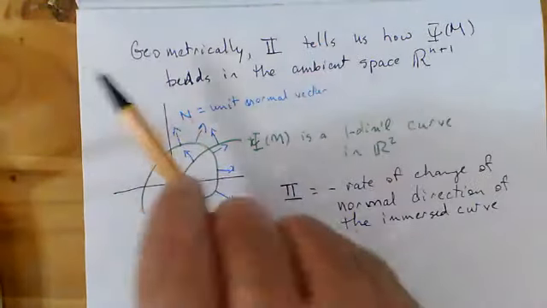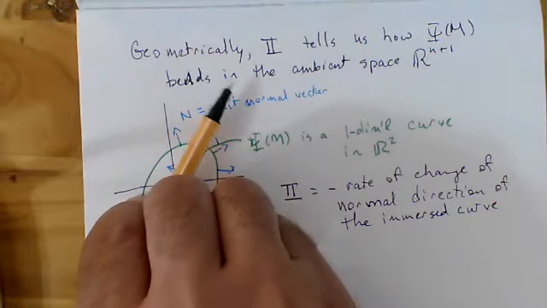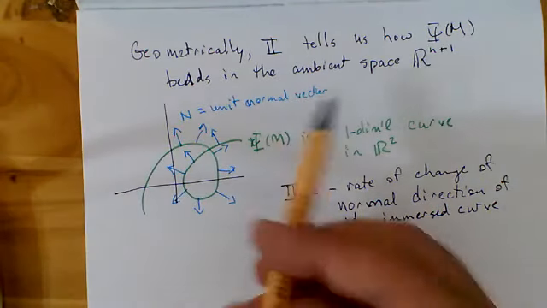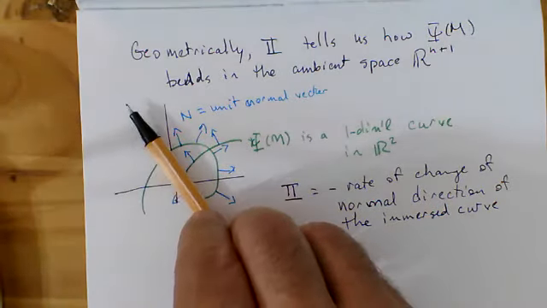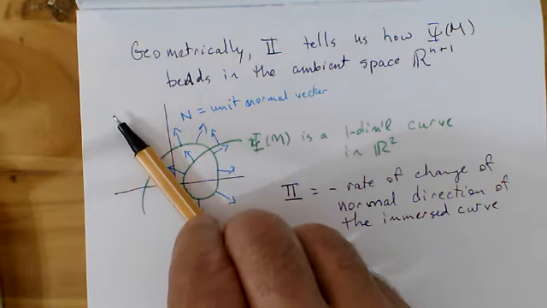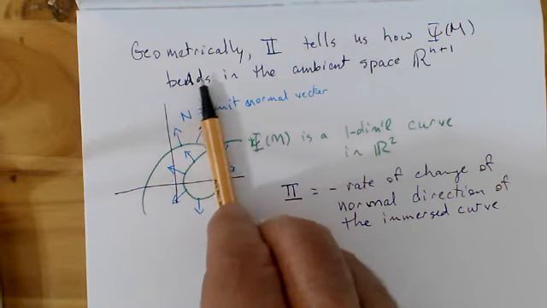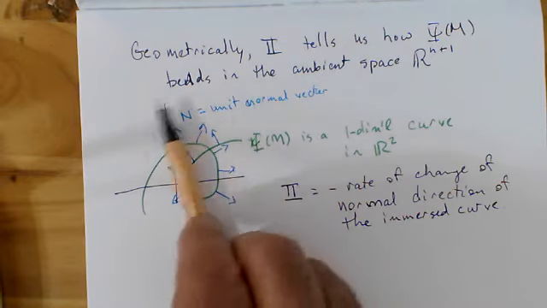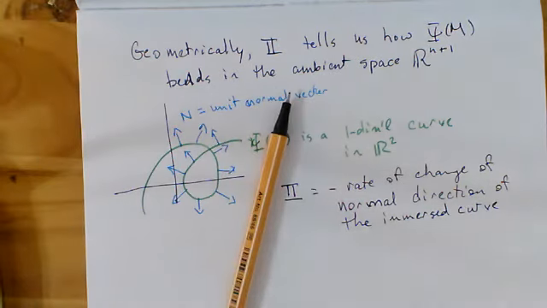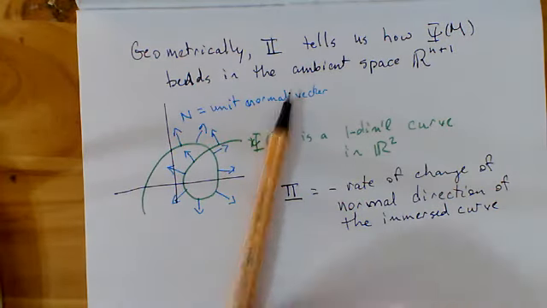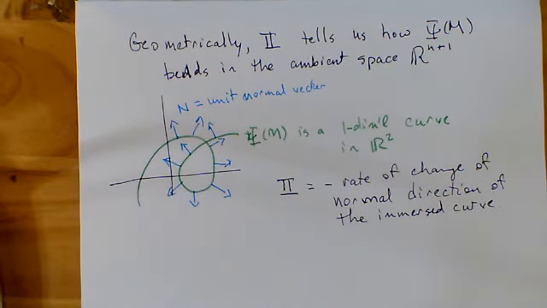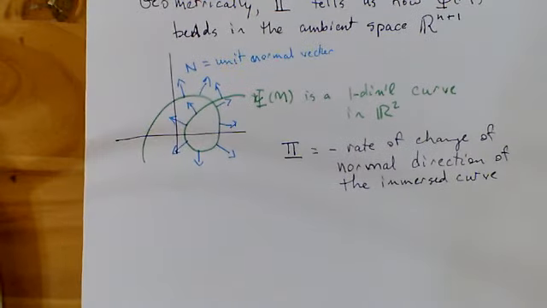The curve has to have very high curvature when the rate of change of the normal is high. When the rate of change of the normal is low, the normal moves slowly, so the curve bends much less.